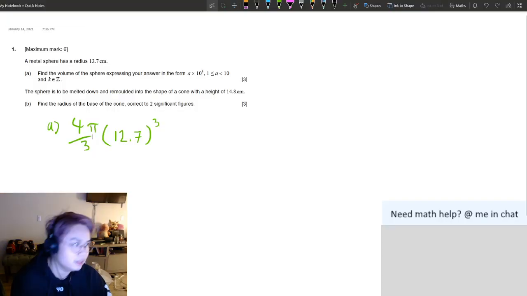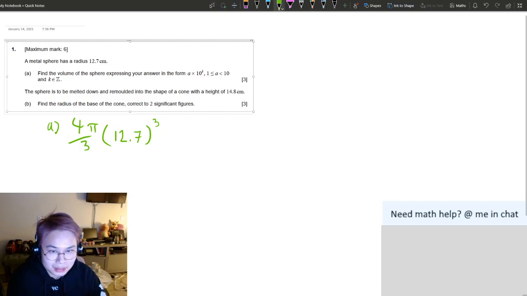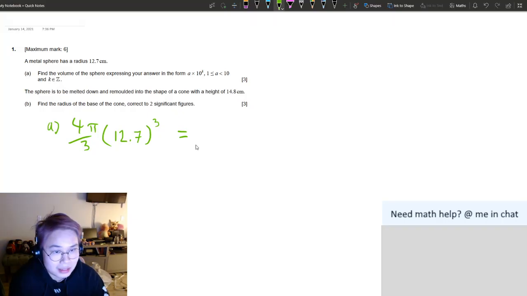And if you take a look at the formatting of the answer, they just want the first digit. So as long as I put this into the calculator properly, which no guarantees that I did, the answer is, well, 8 rounded up to 9 because it's 8,500, blah, blah, blah. So 9 times 10 to the power of 3. And we should probably give the units here.